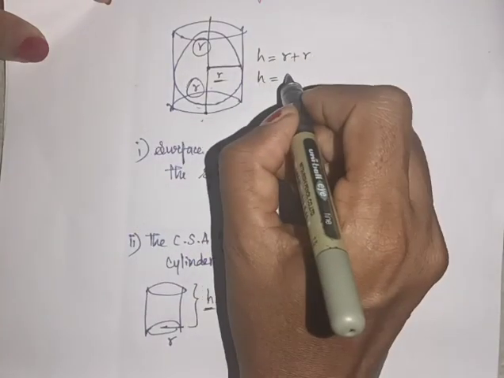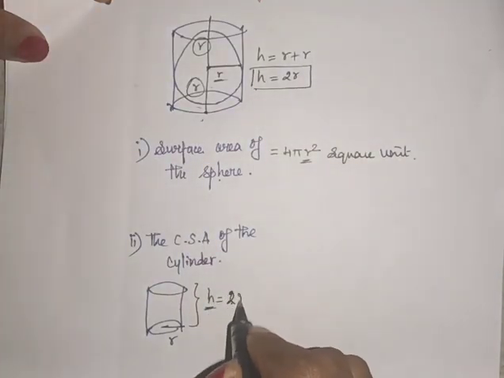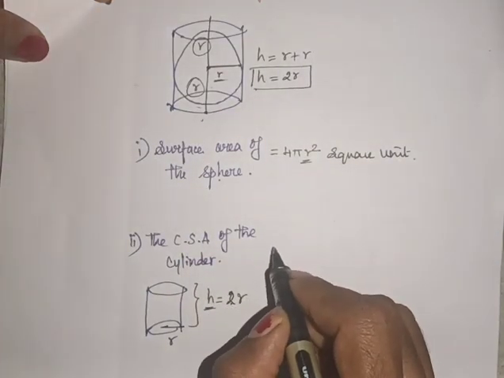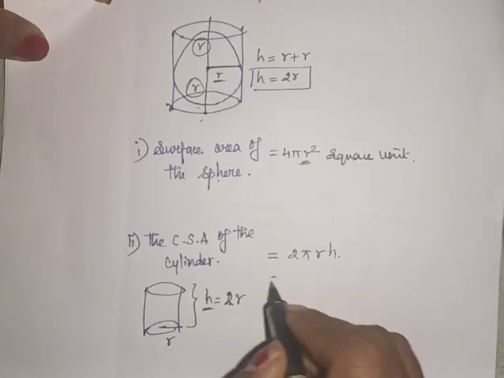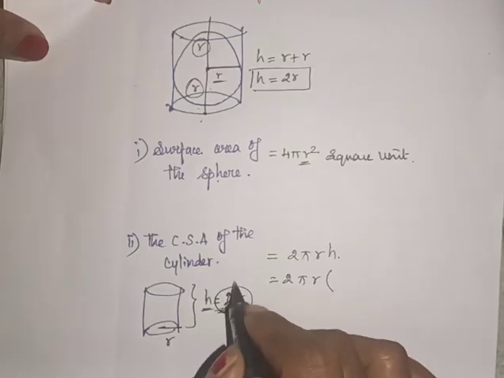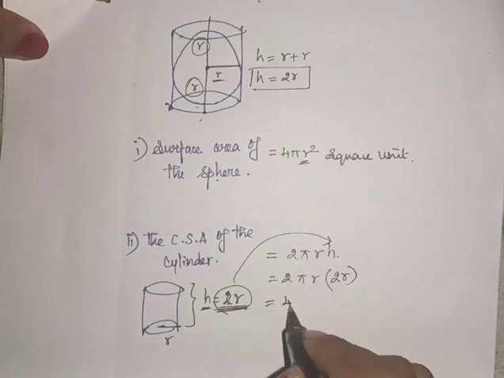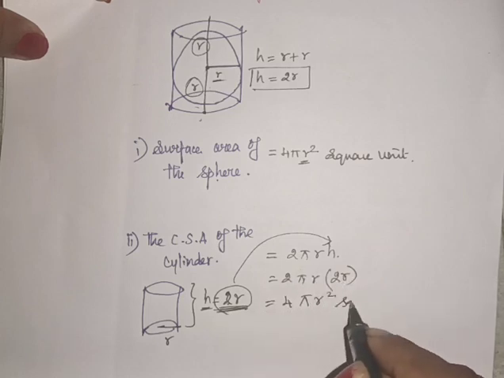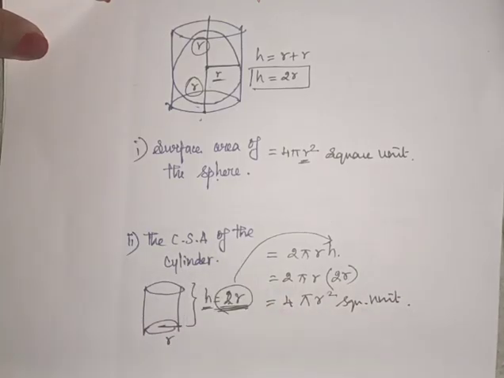Then h is equal to 2r. The CSA of the cylinder formula 2 pi r h, 2 into pi into r into, substitute 2r instead of h, 2r. 2 2s are 4, pi r into r squared, square units is the CSA of the cylinder.